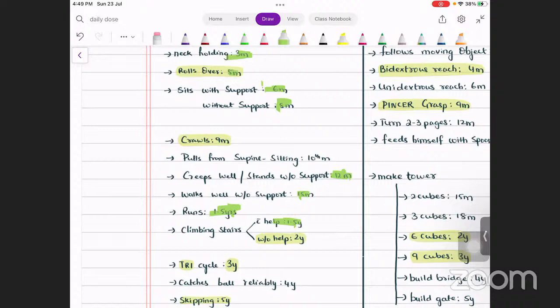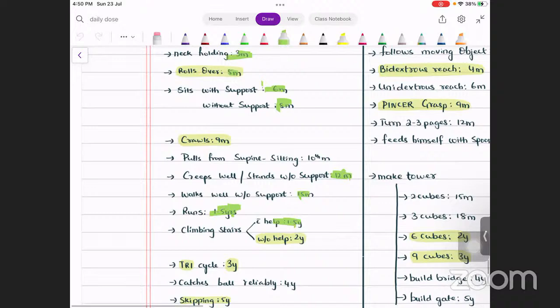So these are the motor skills, people. Crawls by 9th month, creeps well by 12.